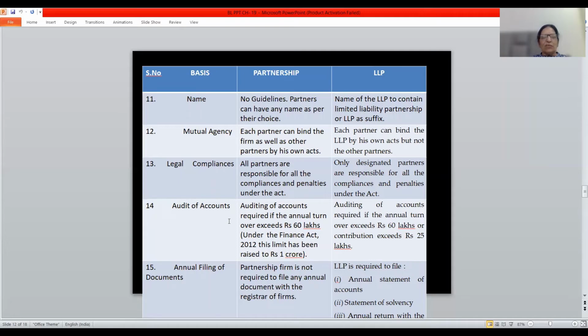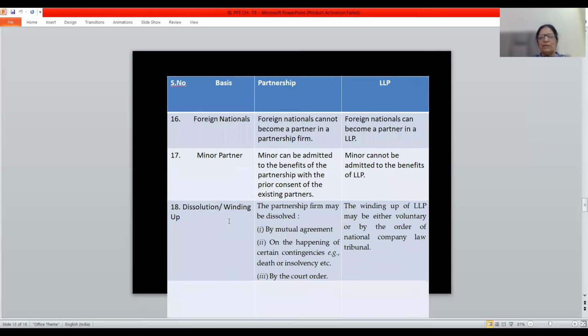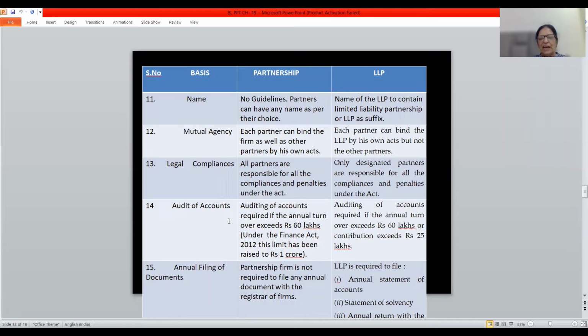Annual filing of documents: partnership firm is not required to file any document with the Registrar of Firms. LLP is required to file documents with the Registrar. So, the annual statement of accounts and the statement of solvency have to be filed. Annual return also has to be filed with the ROC within the prescribed time.